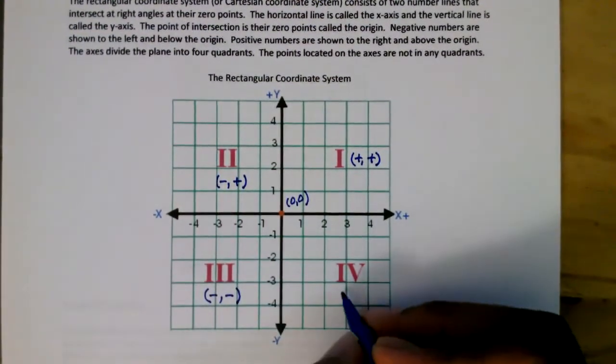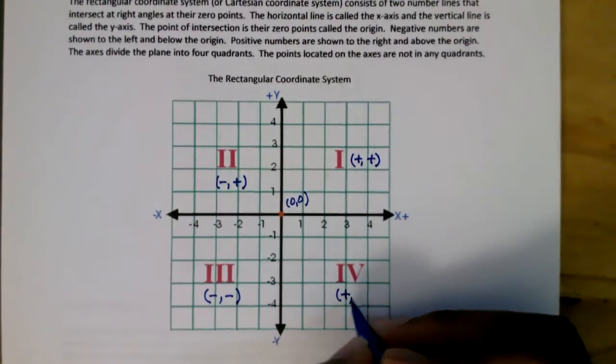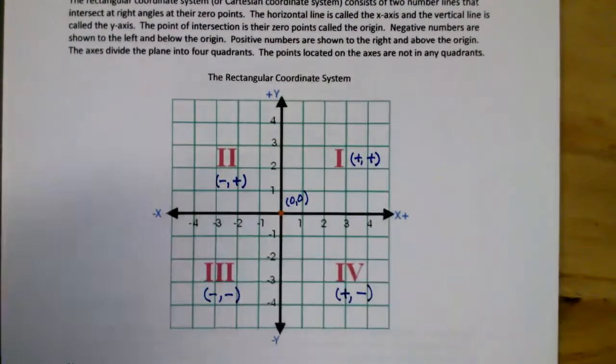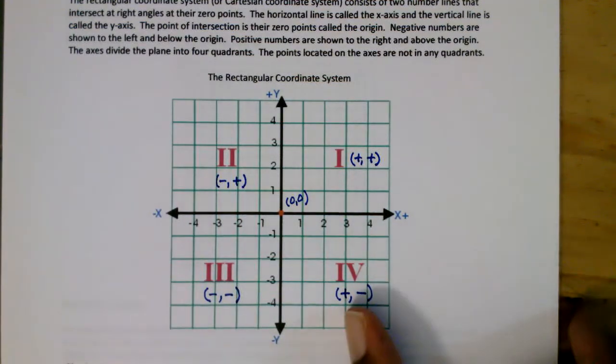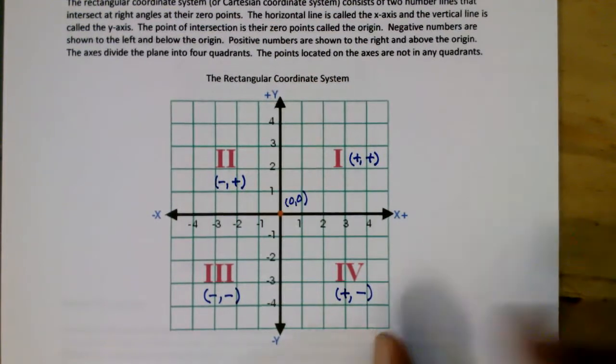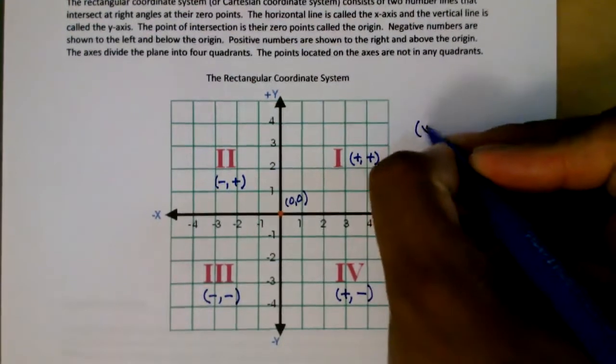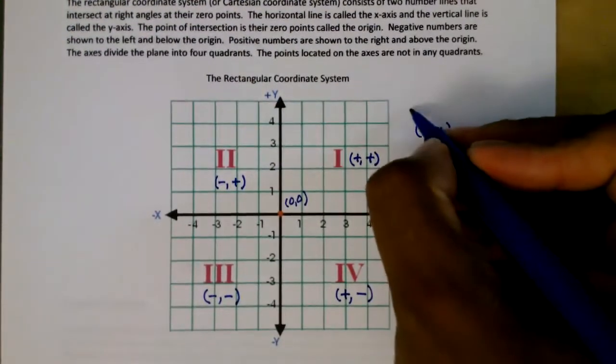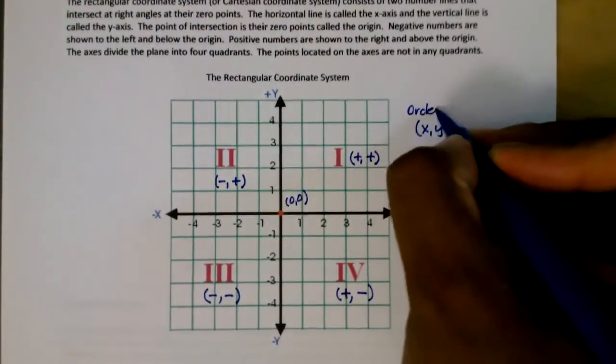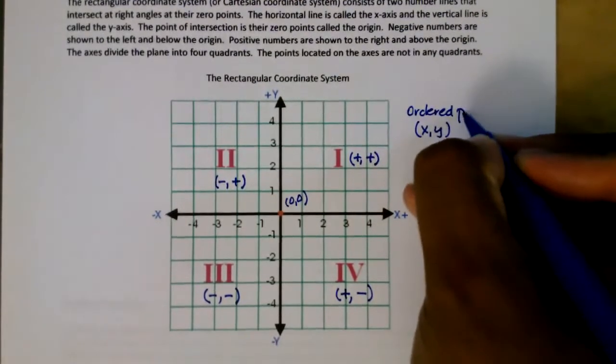And in the fourth quadrant, the x coordinate is positive while the y coordinate is negative. Okay. So here we're going to be dealing with ordered pairs. Usually it's going to be in the form of x, comma, y. This is considered to be an ordered pair.